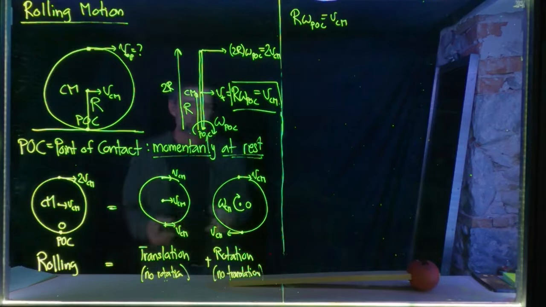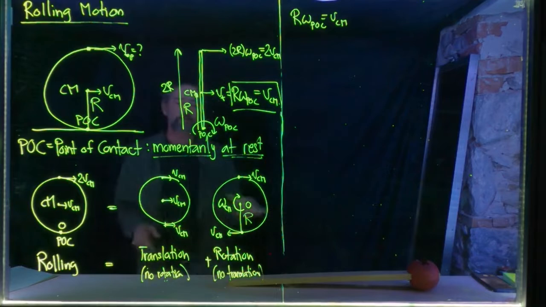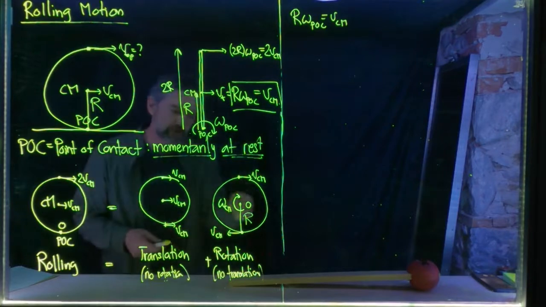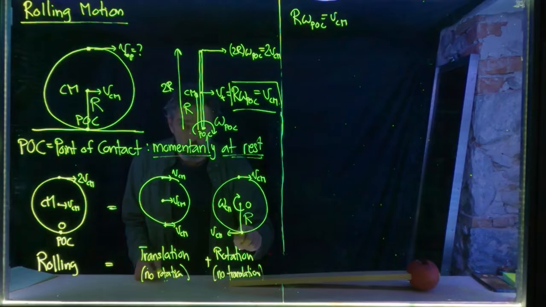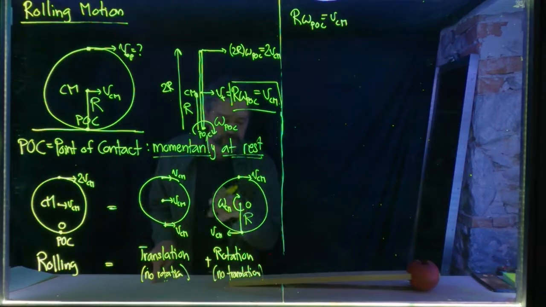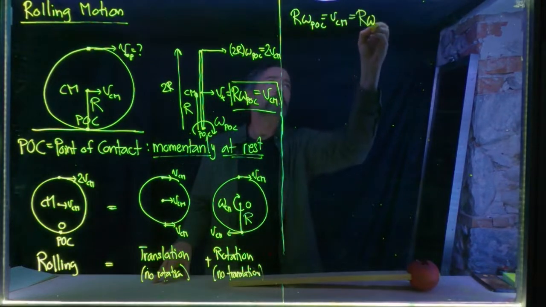However, we also know that if the radius of this wheel is R, and this wheel is rotating about its center of mass point with an angular velocity omega cm, then the tangential velocity of a point on the rim of the wheel, a perpendicular distance r away from the axis of rotation, will be moving with a tangential velocity of r times omega cm. We need to choose omega cm such that r times omega cm is VCM. Okay, so this is r times omega cm.